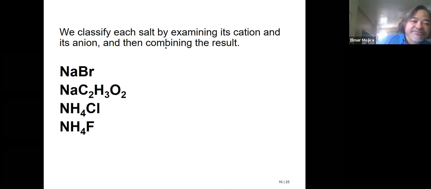So if we are asked to classify each salt here by examining its cation and its anion and then combining the results, what would it be?